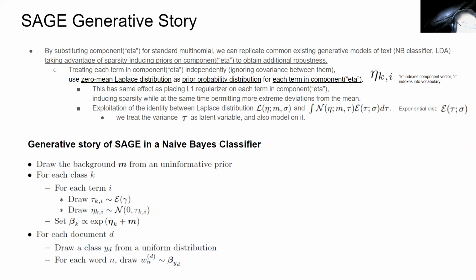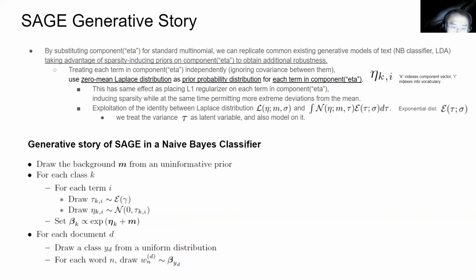Here's a pseudocode for the generative story of SAGE in the naive Bayes classifier. It's pretty standard. We draw the background m, which is the word distribution, specifically the word log frequency. Then for each class, now we're in the naive Bayes case, so each class is the component, the facet.